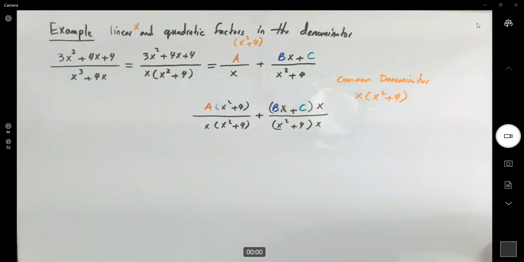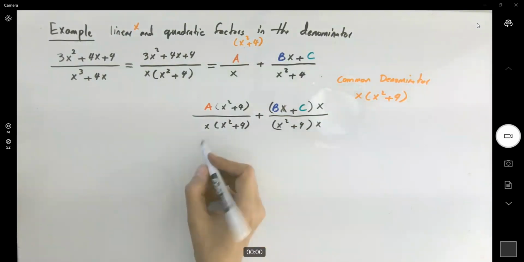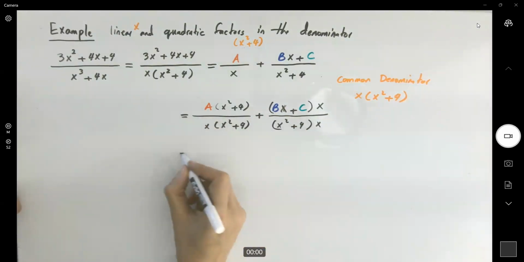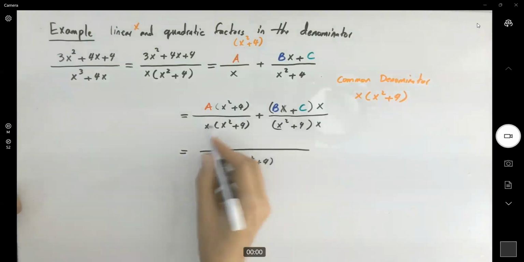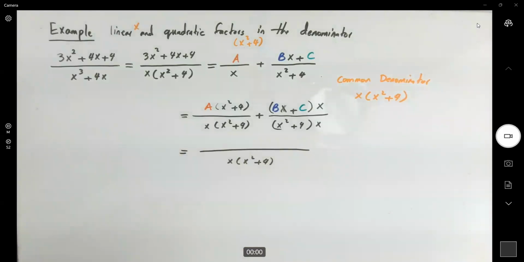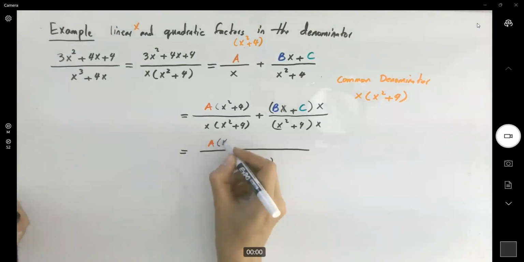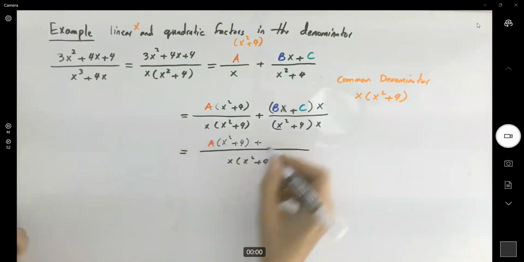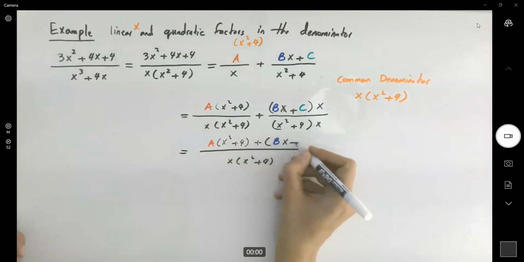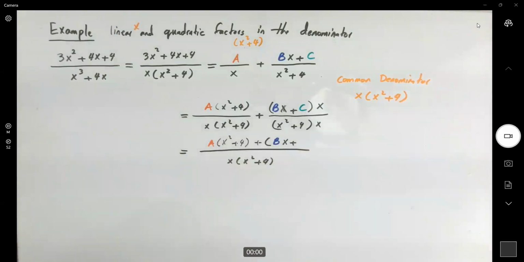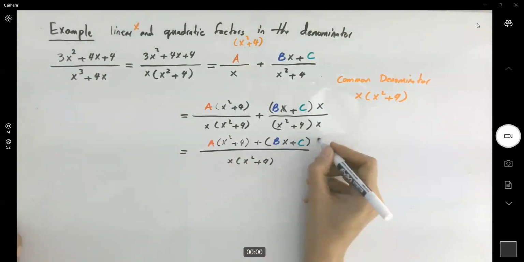Very well. So now that you have the same denominator, it's going to be one denominator, and you're going to copy down the numerator, a times x squared plus 4, plus parenthesis bx plus c, close the parenthesis, multiplied by x.